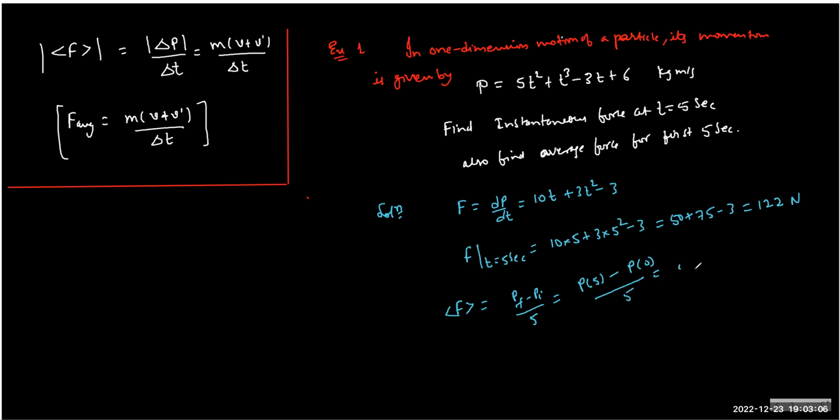So P5 means 5 into 5 square, 125, plus 125, minus 15 plus 6, minus 6.